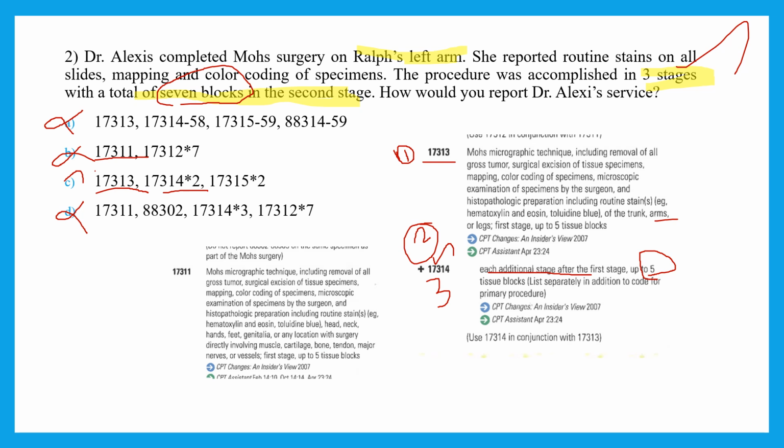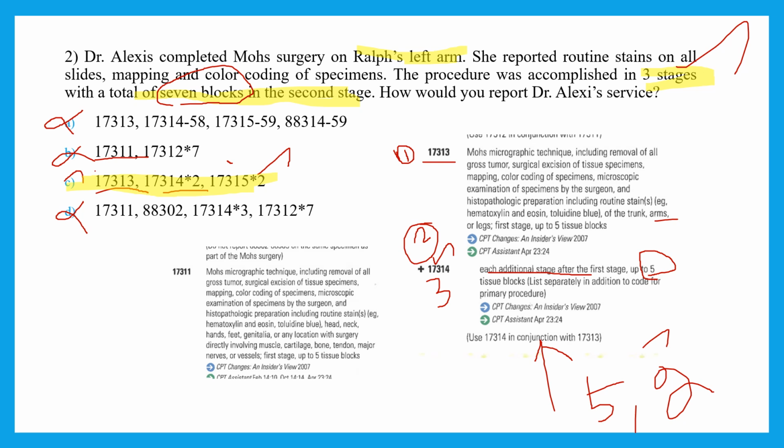As it has 7, 5 will come under 17314, so the remaining 2 blocks will be there. So for that we are coding 17315 2 times, because additional 2 is there. So we need to give multiples of 2. So the right option is option D. Sorry, option C. This is how you need to eliminate and pick the right answers.